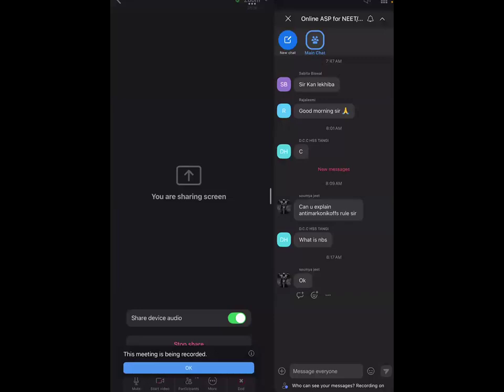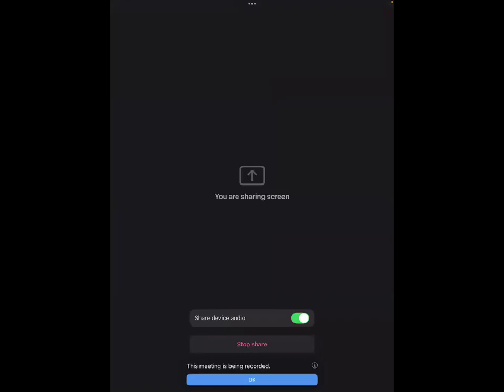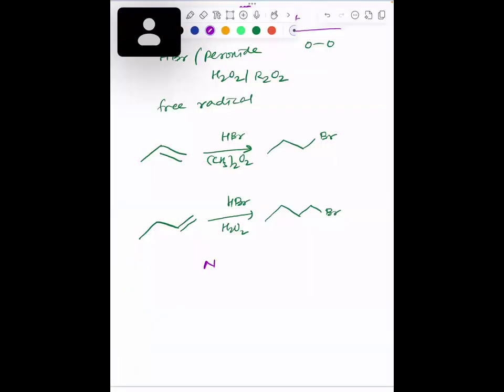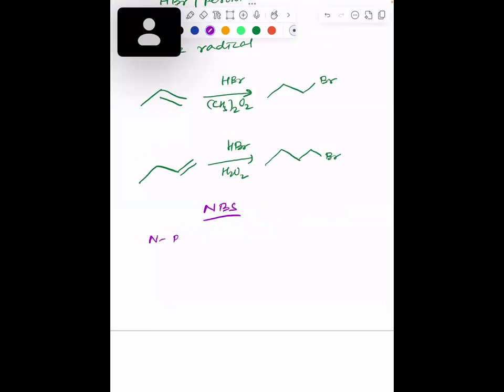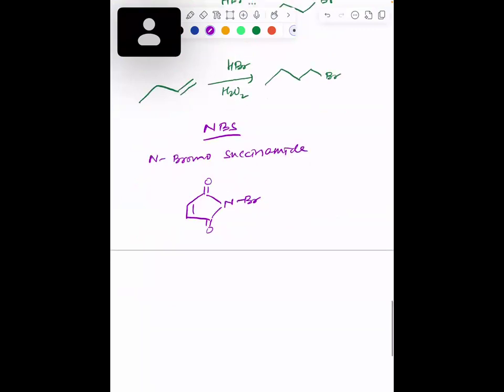NBS is N-bromosuccinimide. This is the structure of NBS.